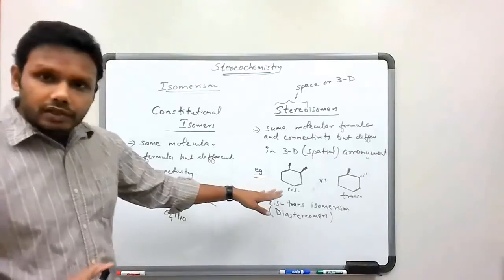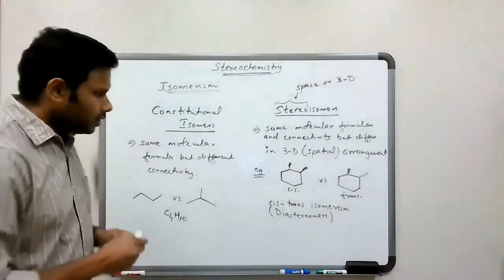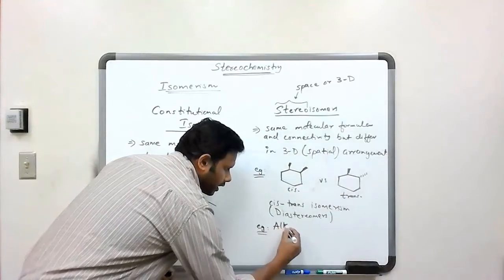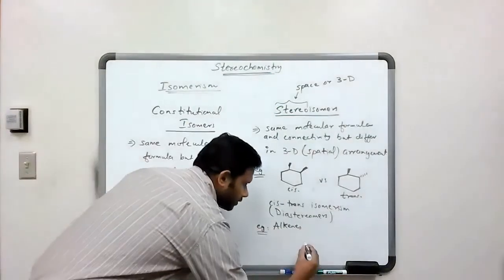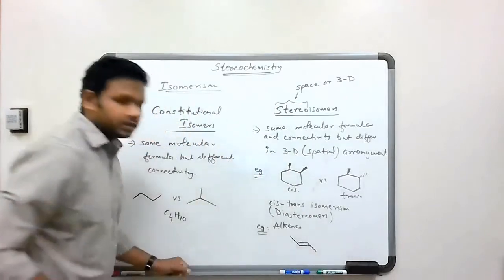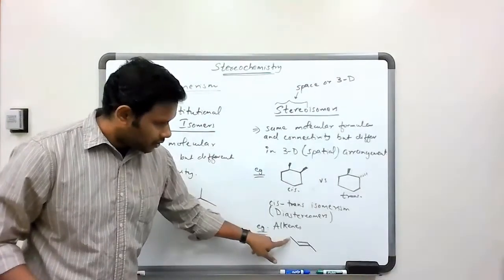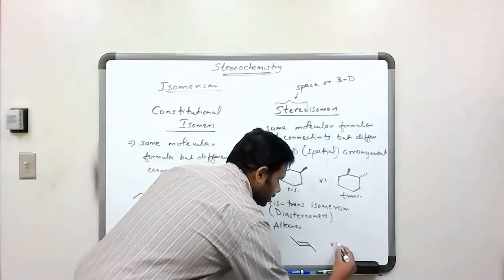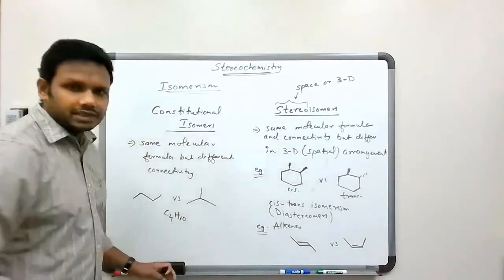Now, cis-trans isomerism is not limited to cyclohexane systems. We could also talk about cis-trans isomerism in alkenes. We can imagine an alkene molecule like this: we have 4 carbons, there's a double bond, and the 2 groups about that double bond point in opposite directions, versus having the 2 groups point in the same direction.